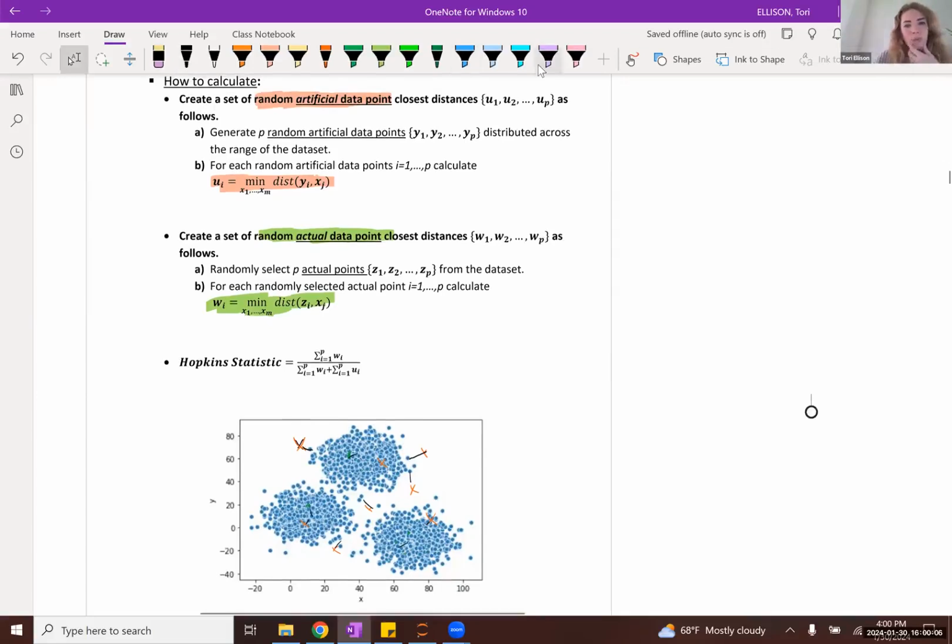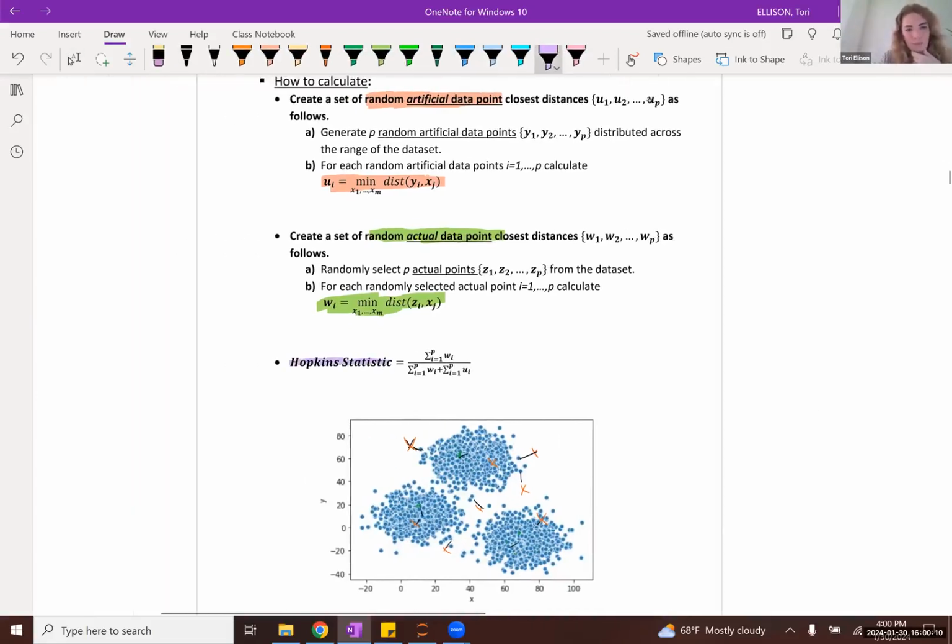Okay, so putting it all together, my Hopkins statistic is going to be the ratio of my actual point nearest neighbor distances, divided by my actual point nearest neighbor distances plus my randomly generated artificial point nearest neighbor distances.